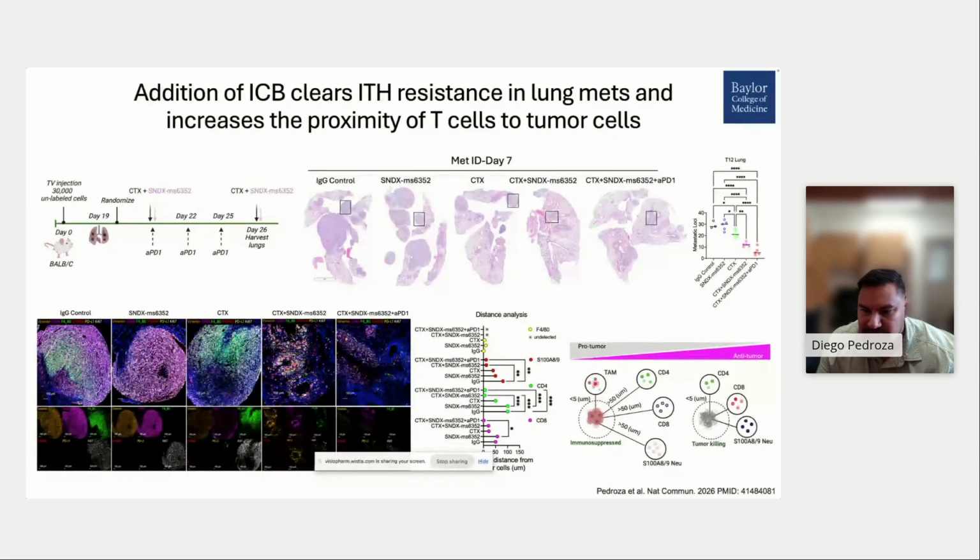And basically, we were just able to show that in the tumors where we get a good response, where we have anti-tumor immunity, we see CD4, CD8, and neutrophils coming in, where we see this tumor cell killing, contrary to where we have these high macrophage abundance with CD4, CD8, and neutrophils being distant from the tumor cells themselves.